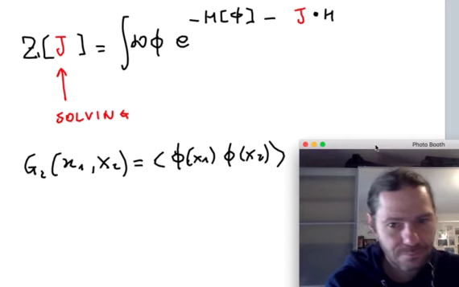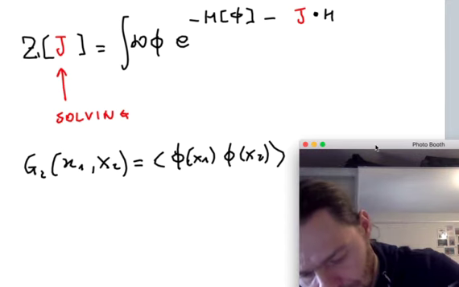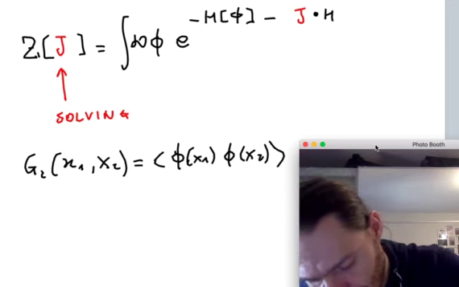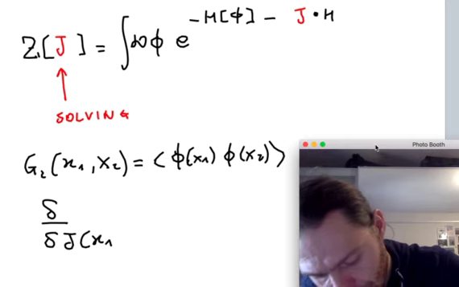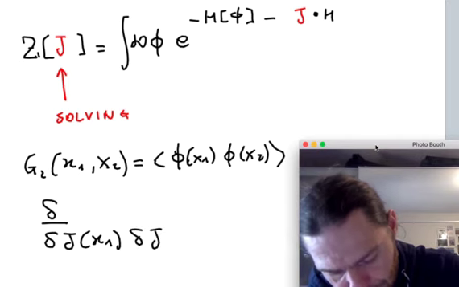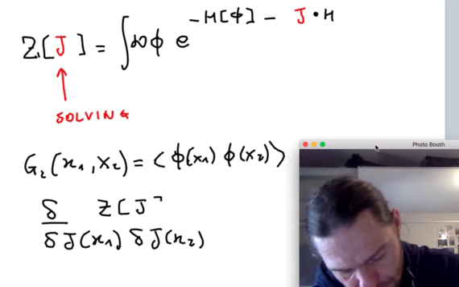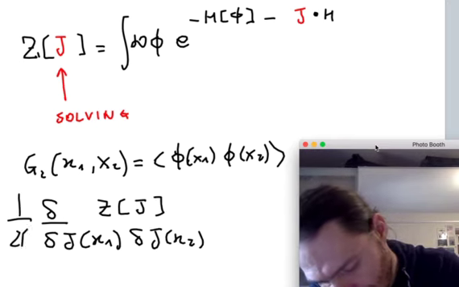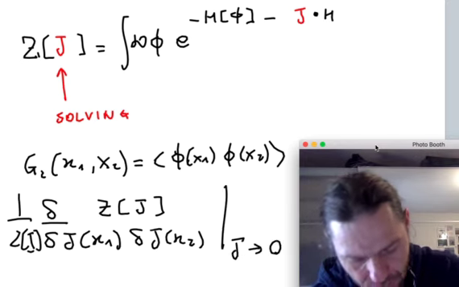Well, you can get this by taking twice a functional derivative of the generating function, and then divide by the generating function and eventually set the source to 0.